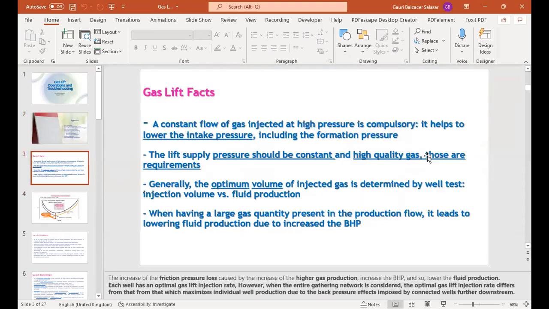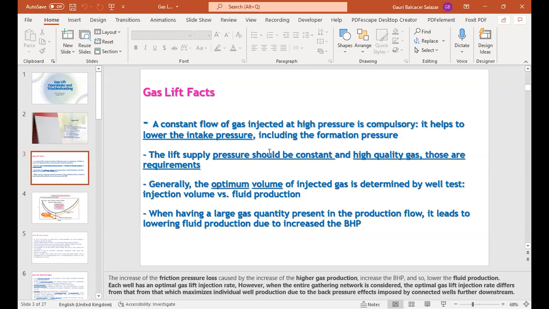With this, we will go to gas lift facts. Something to bear in mind: constant flow of gas injected at high pressure is required. If we are planning to have a gas lift system, the first question to be answered is, do we have a permanent source of gas?